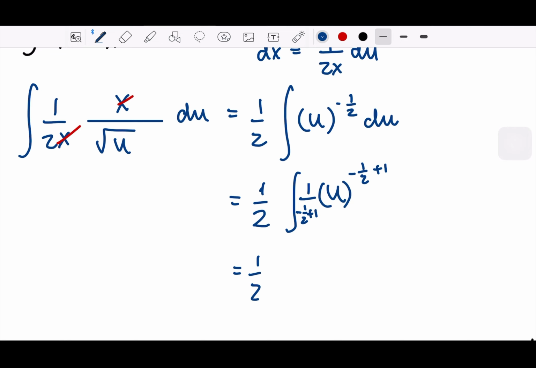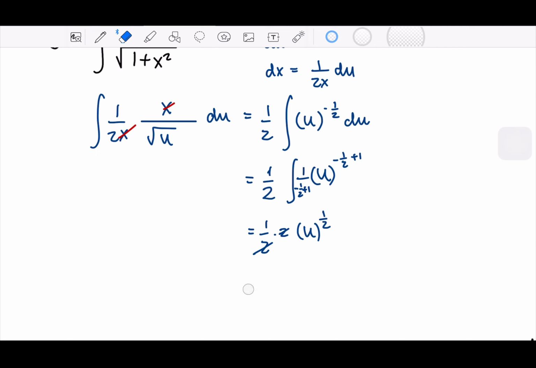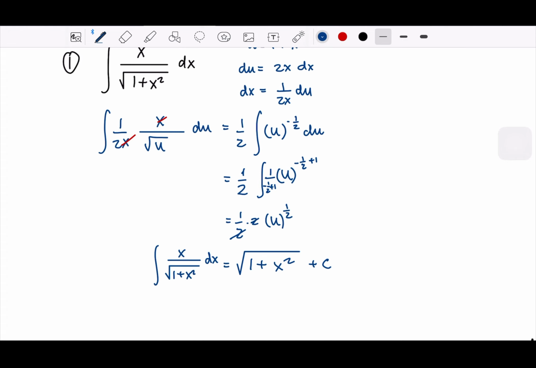And this will be half multiplied by 2, and then this will be u to the power of half. So this equals square root of 1 plus x squared, and don't forget the plus c. This is the first way to look at it.